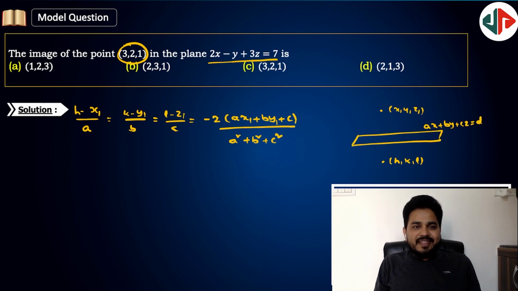So this is x1, y1, z1, a, b, c. Everything is known. We can find h comma k comma l.